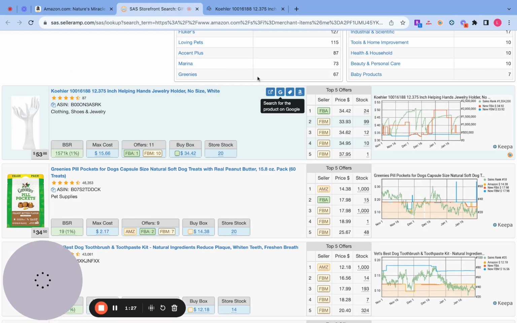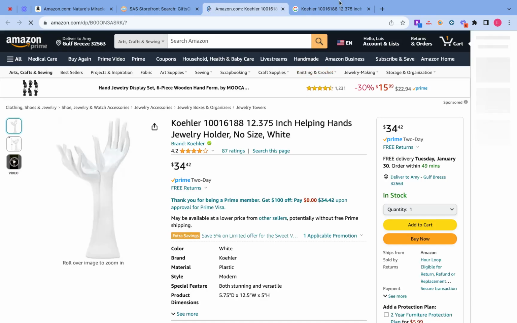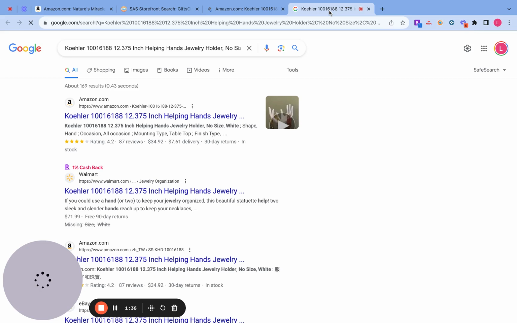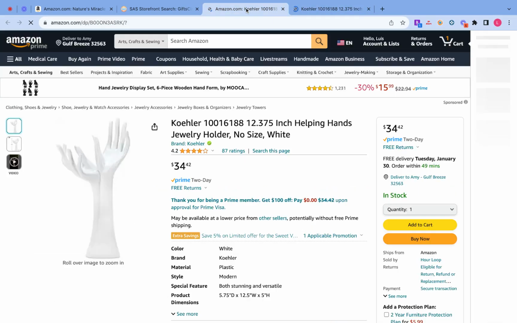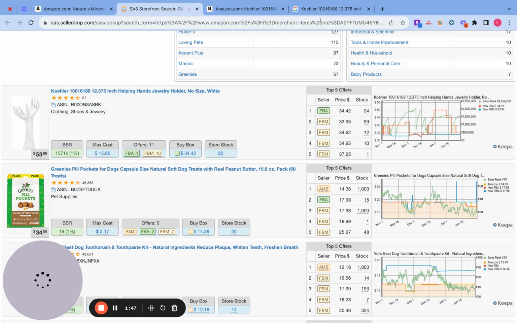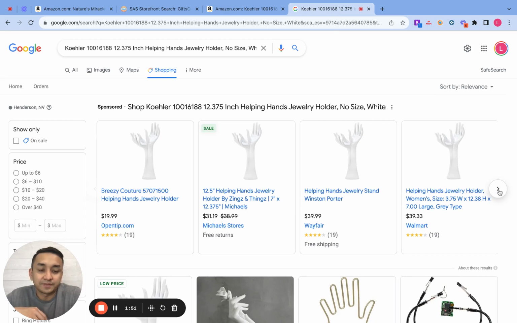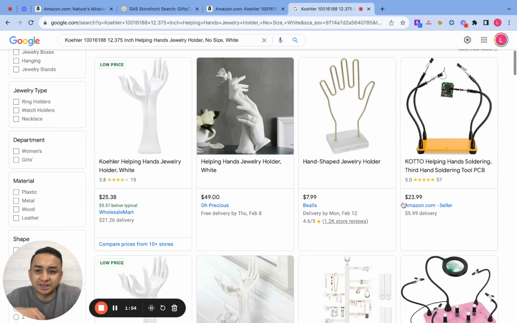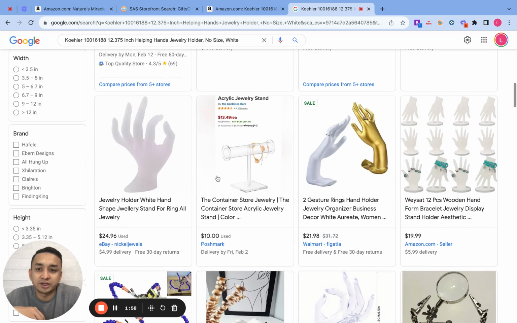I click on the Google page and Amazon page of the product, and then I go to Google Shopping. The max cost is $15.66, right? So now I'm going to look for products that are $15.66 or less. That's where I usually start because it's the easiest metric to use to search, right?